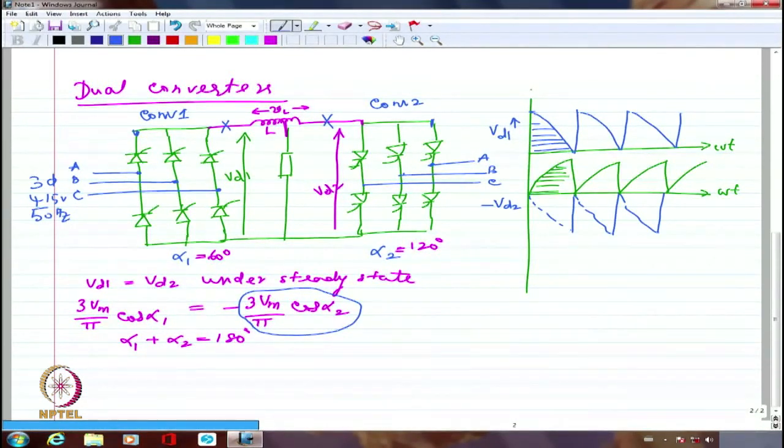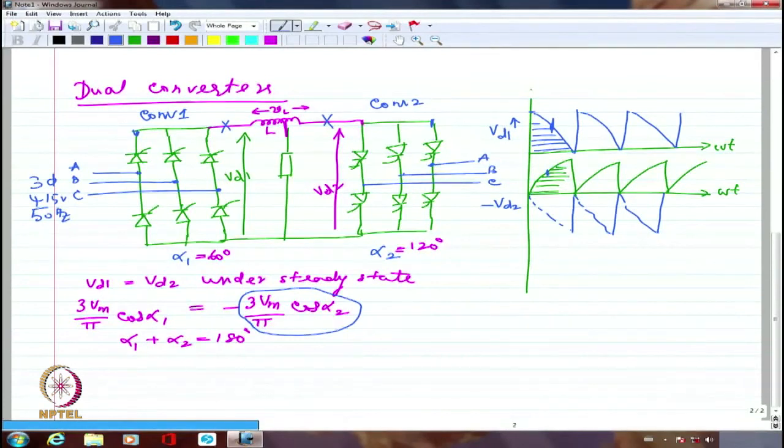The only point where exactly the voltages are the same will be somewhere in the middle, because in the middle, here as well as here, it will be whatever is the value corresponding to that particular angle, right? So I am going to have the exact same value only at one particular point where both of them happen to have the same value of sine of that particular angle, right?